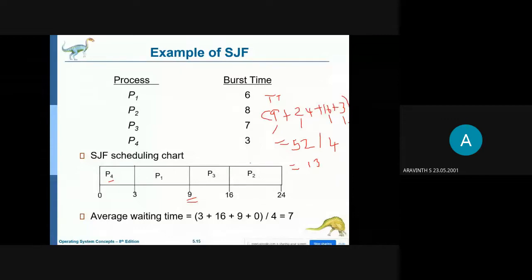The total turnaround time is 24. At 24 seconds, it has completed its job. This is the shortest job first scheduling.